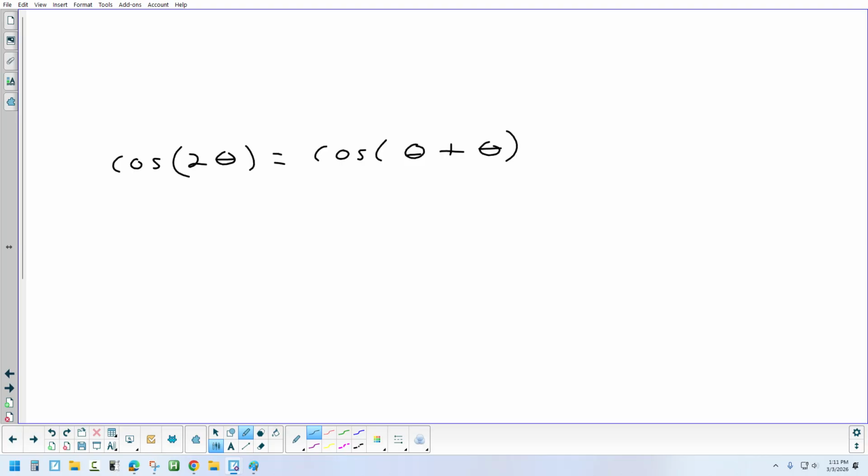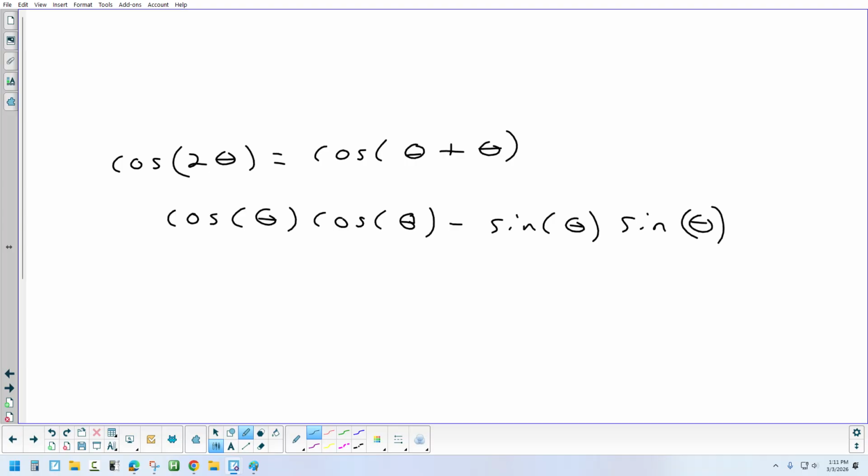Yeah. Cosine theta, cosine theta, minus sine theta, sine theta. Cosine theta, cosine theta. Perfect. And what would that simplify to? Yeah. Cosine theta times cosine theta minus sine theta times sine theta. What would you get if you simplified that?